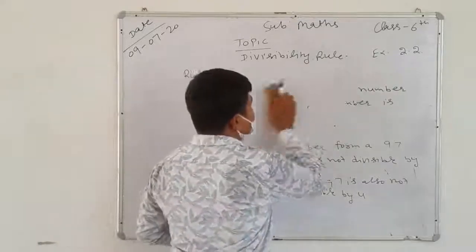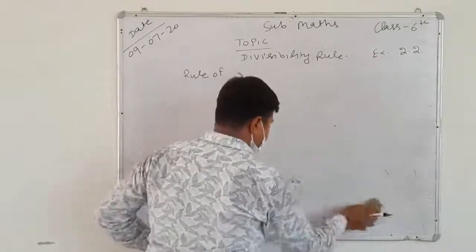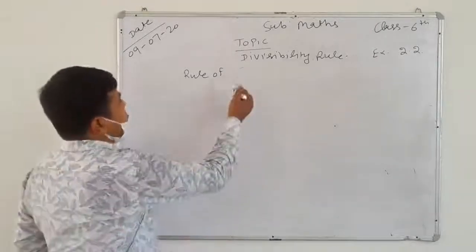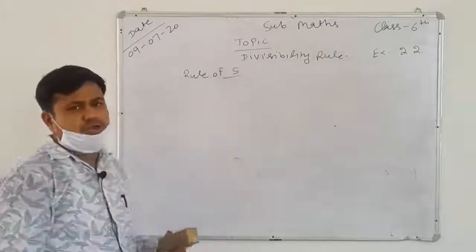Divisibility rule of 5. You have learned about the divisibility rule of 5 in previous classes. Now recall it again.